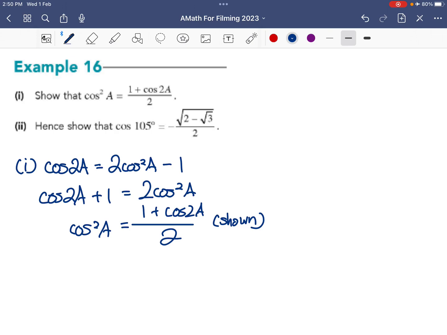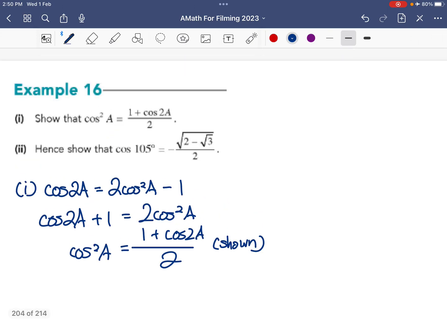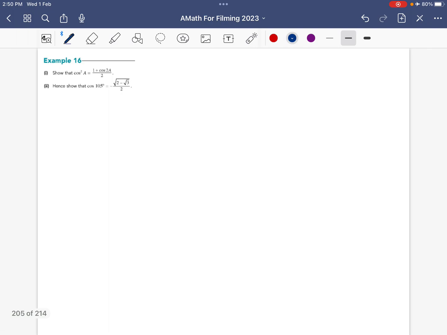Now, hence show that cosine 105 is equal to that. Okay, let's go slow with this example. Since it says hence, you need to use this expression over here to help you out. How does this help me? First and foremost, we are working with A and 2A. So I'll let angle A equal 105 degrees.